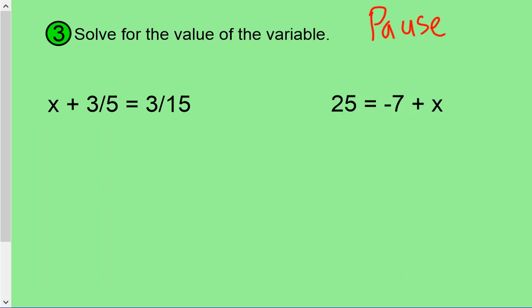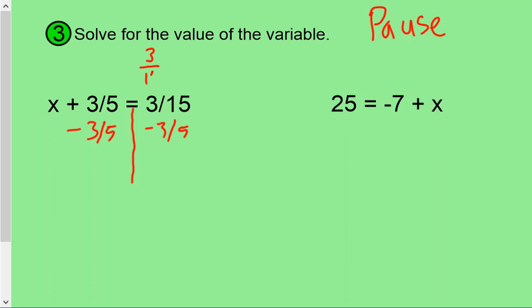So for the first one, we have x plus 3/5 equals 3/15. Okay, so we have plus 3/5. We're going to do the inverse operation, so that's minus 3/5. Okay, so this one will take a little bit more work because we're subtracting fractions, so we need common denominators.